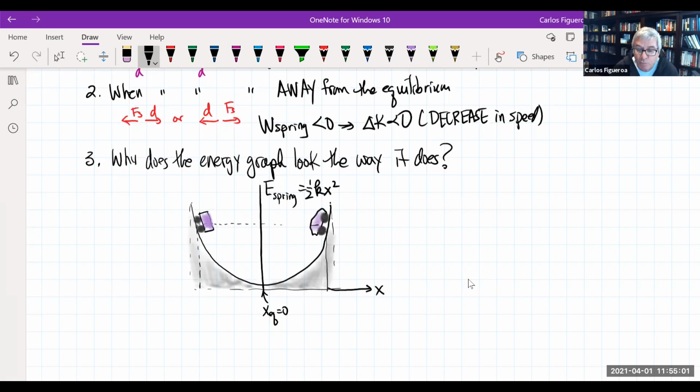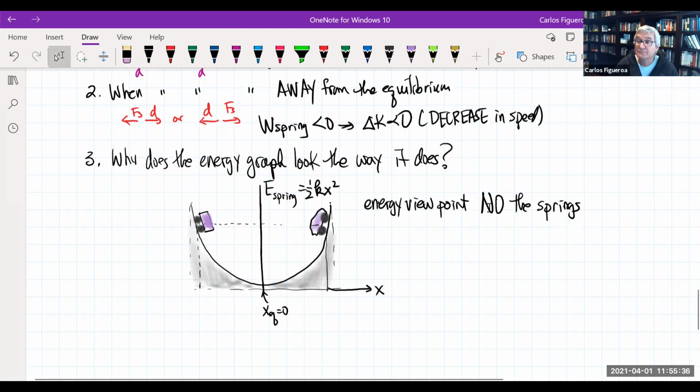You get that parabola. And so what you're seeing here is that this is the energy viewpoint. Not the springs. There is no springs. The cart doesn't really look at the springs. It looks at this energy well that it has to move in.